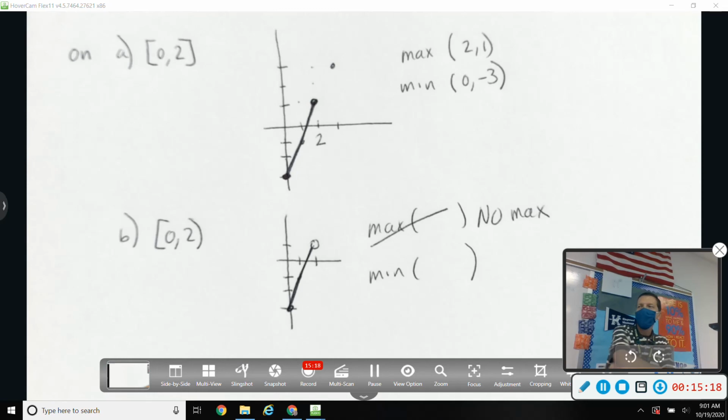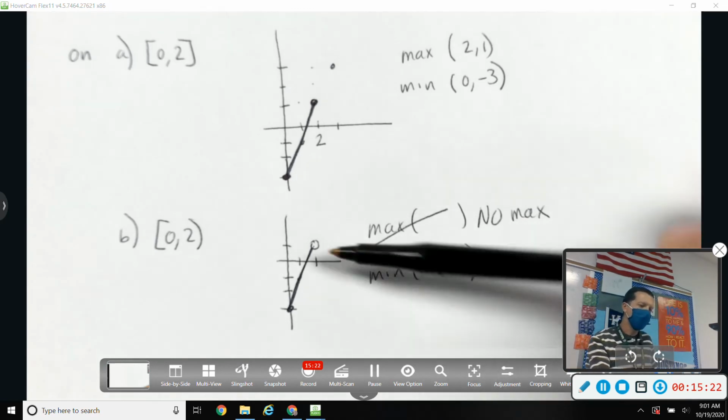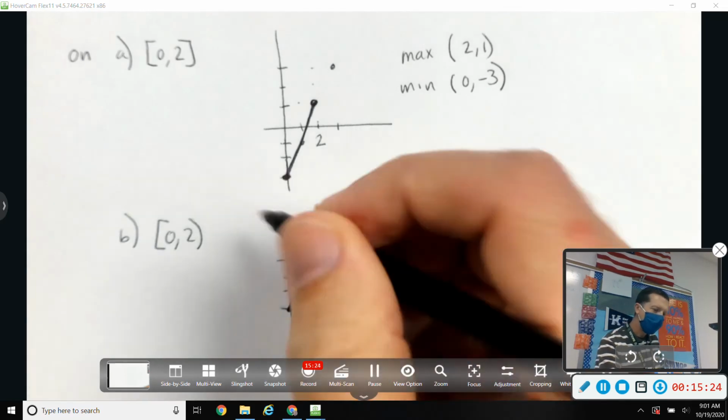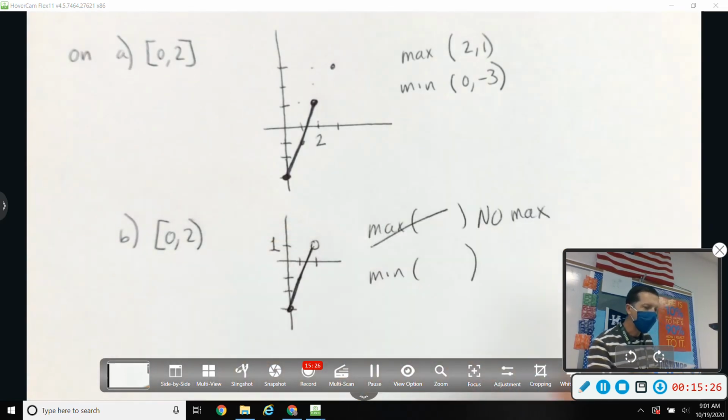Okay, and again, that's a little bit tricky to some people, because they're thinking maximum, well, it never gets above 1. And that's a true statement, but it also never gets to 1. So there's no number you could assign as the maximum value, right? It gets to 0.9, but it gets higher than that. It gets to 0.99, but it gets higher than that. It gets to 0.99999999999, but it gets higher than that.